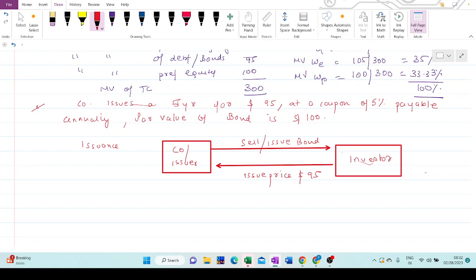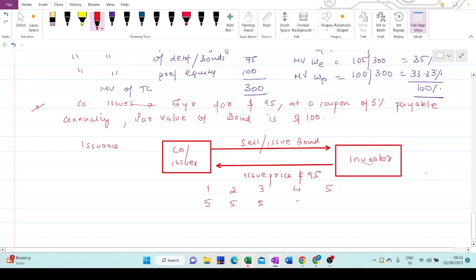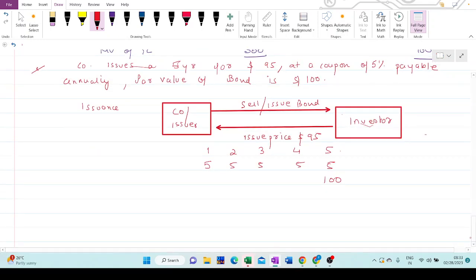And guys, every year for the next 5 years, the company would pay $5 interest or $5 coupon to the investor, and at maturity of this bond, that is at the end of the 5th year, the company will repay the par value of the bond to the investor, right?